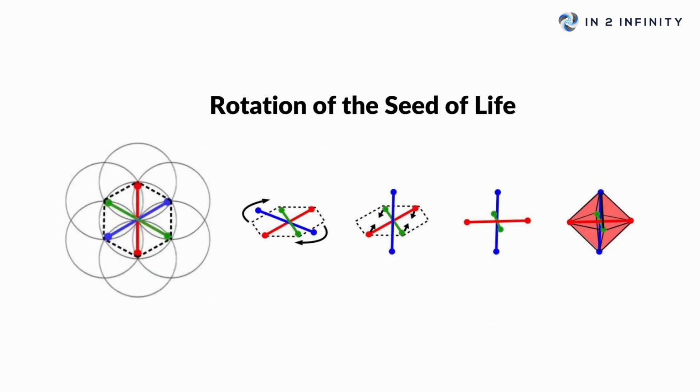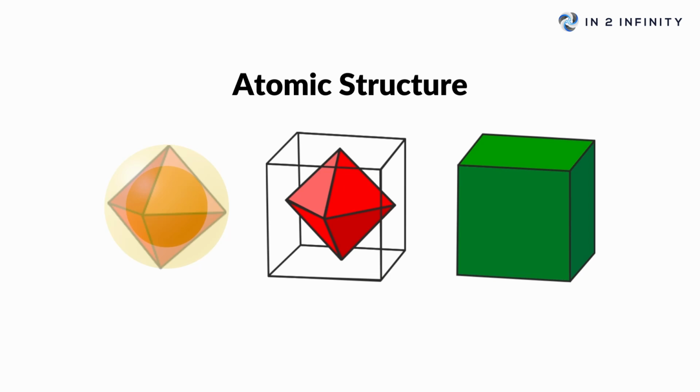Adding to that, we saw how 7 circles create the seed of life, which gives rise to 3 vectors, which can rotate into 3D to create the structure of the octahedron. And when we put all 3 models together, we see how the octahedron can in fact sit inside of the cube, and all of these Platonic solids can be wrapped inside of spheres. And this is exactly what we find in the atomic structure.